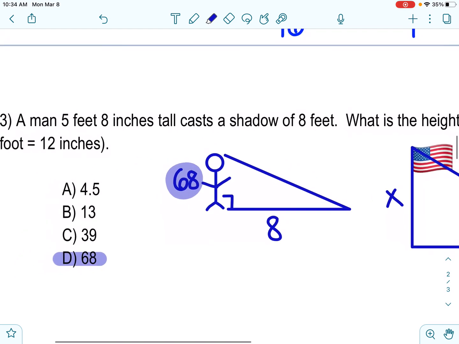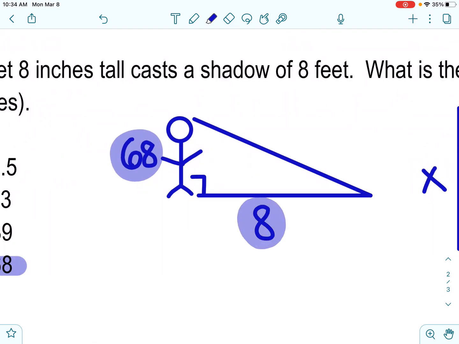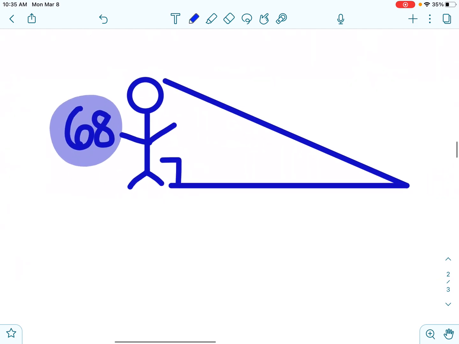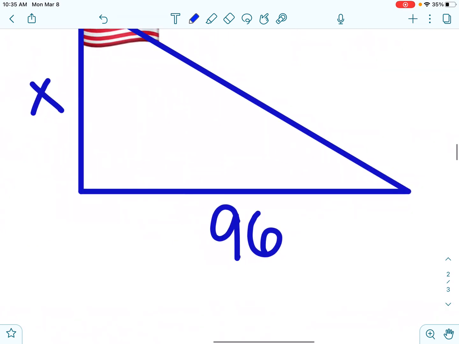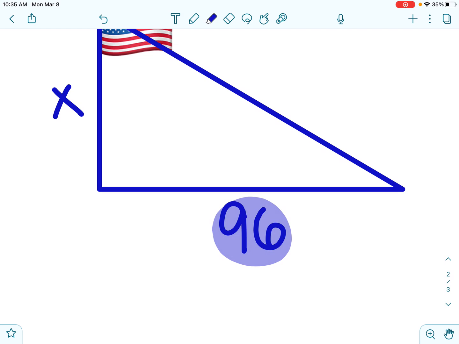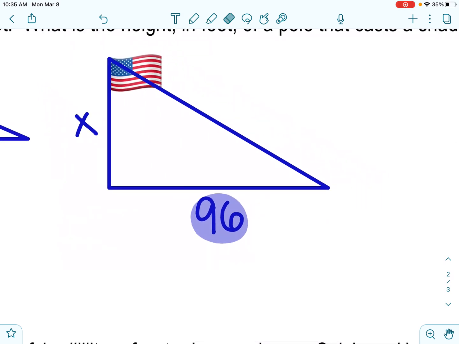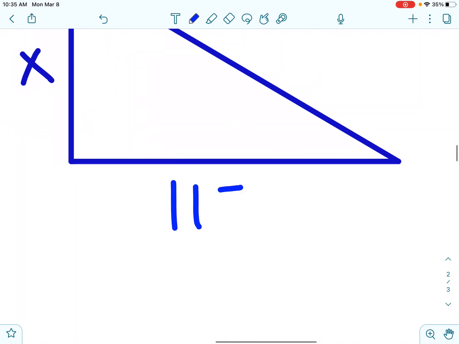This right here is inches, and this is feet. I also want to convert the 8 feet to inches. So 8 times 12 is 96. And then let's also convert this to inches. So 96 feet is going to be 1,152.